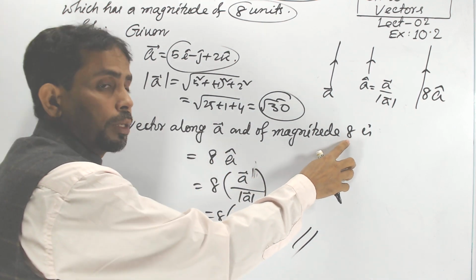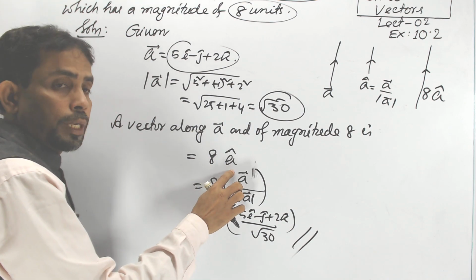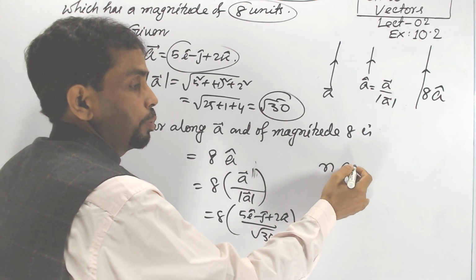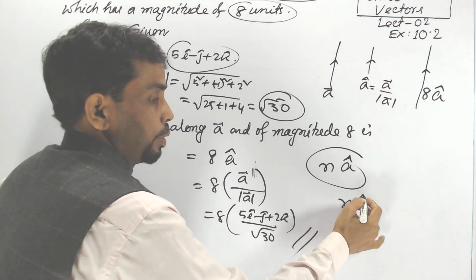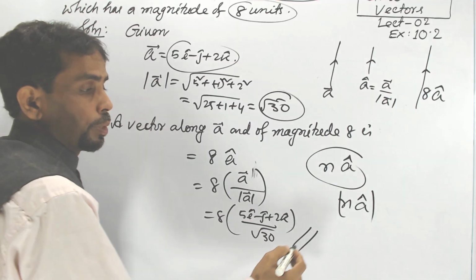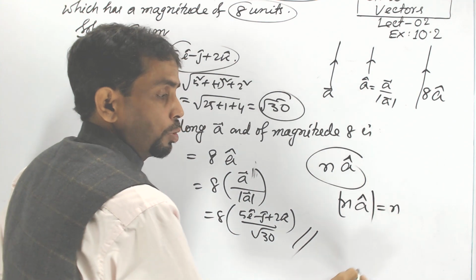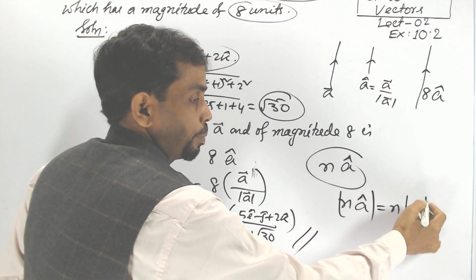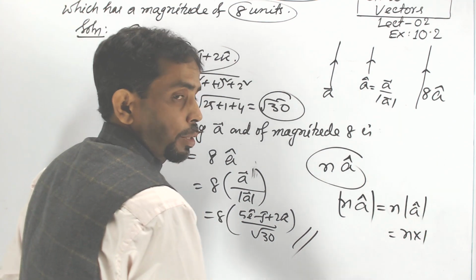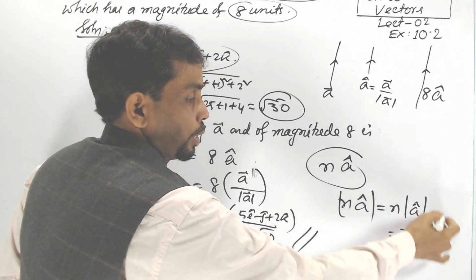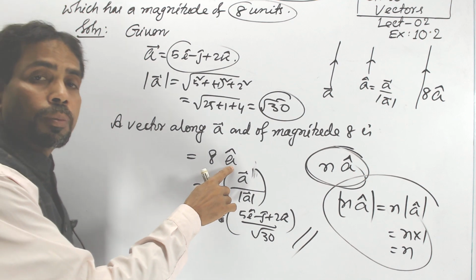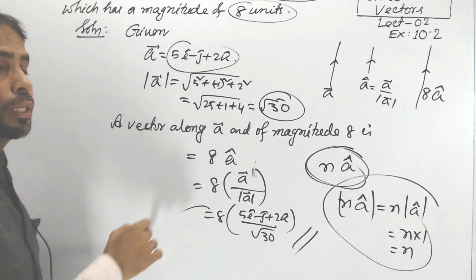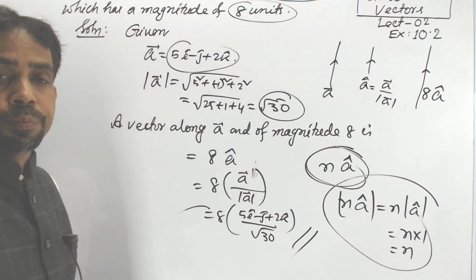If you want to make magnitude 20, it is 20 into A cap. In general, it is n into A cap, any magnitude n into A cap. If n is positive, magnitude of n is n, and magnitude of A cap is 1, unit vector. So n into A cap, magnitude will be n. So 8 into A cap, magnitude will be 8. So this is the required vector.